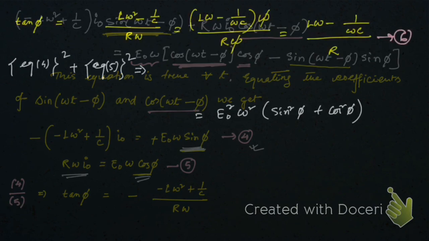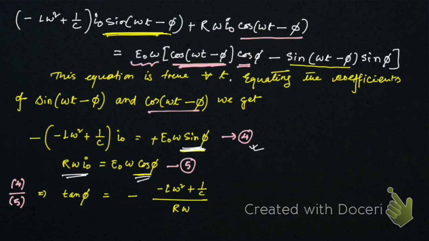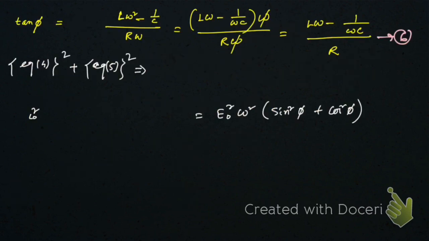So our left hand side can be written with I naught taken common, so here also I naught square will be taken common. So I naught square times minus L omega plus 1 by C, whole square, then plus R square omega square.